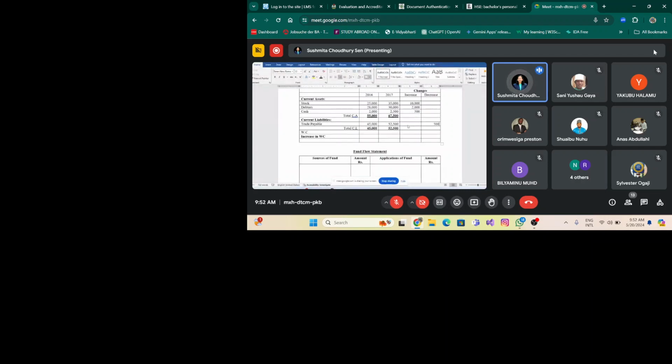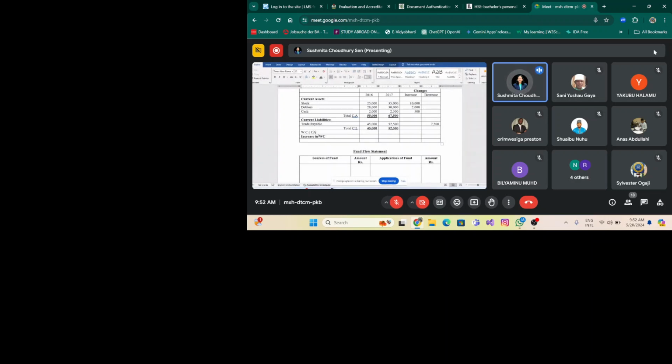So right now I am writing the minus figure, 7, 8, 9, 10, 11, 12. So 7,500. Okay, so this is the decrease. Now once we have done that, the formula for working capital, as I said, is current assets minus current liabilities.